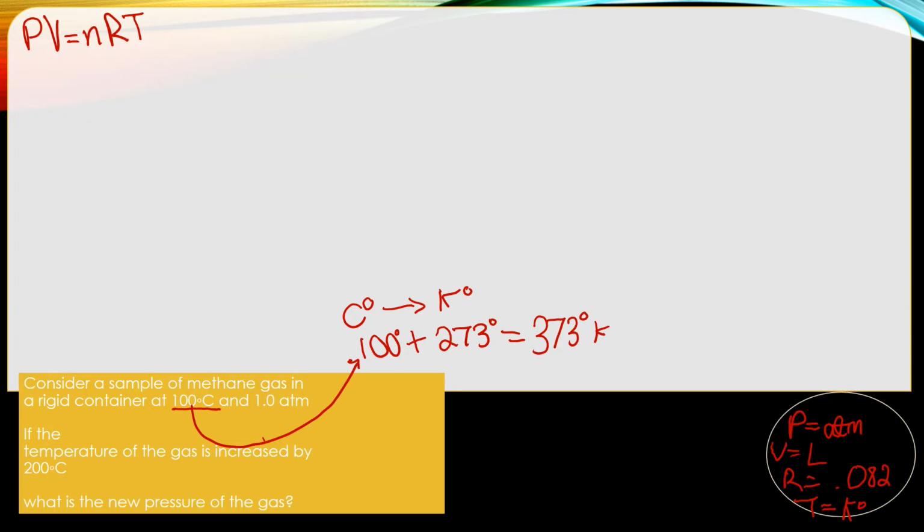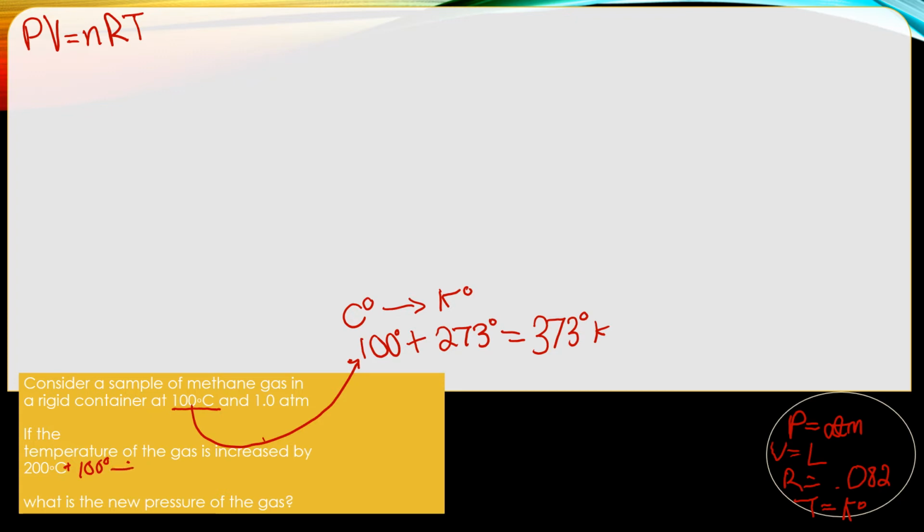However, if you carefully read the question, it says the gas is increased by 200 degrees Celsius. So that does not mean that the new temperature is 200 degrees Celsius, but 100 degrees Celsius plus the 200 degrees. So now we must continue.